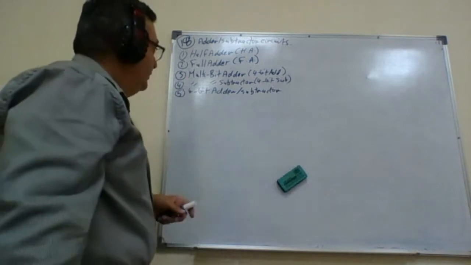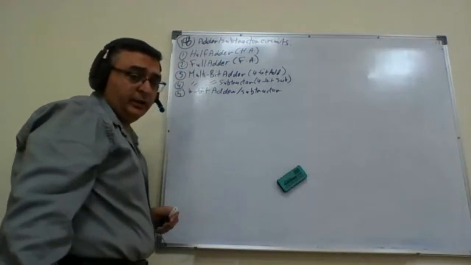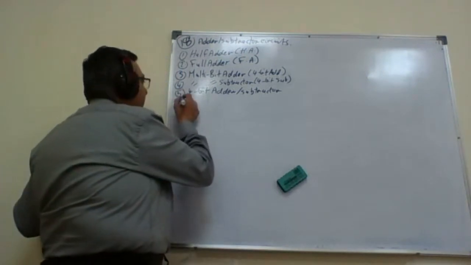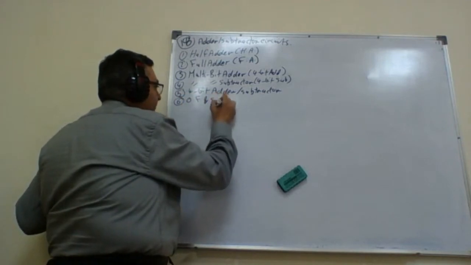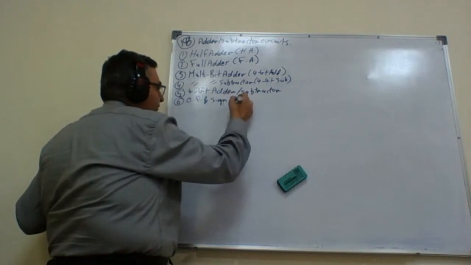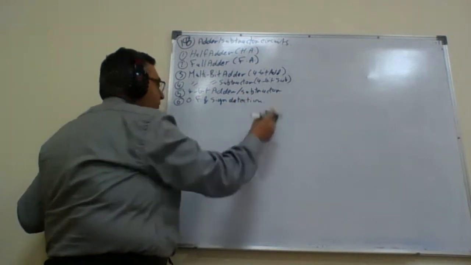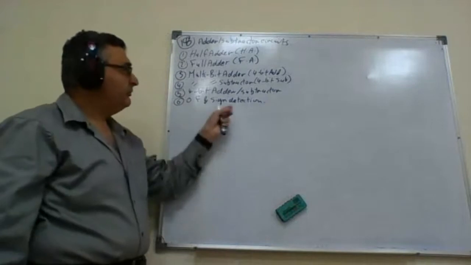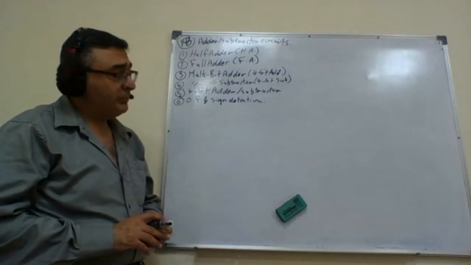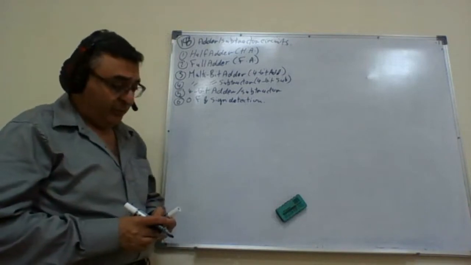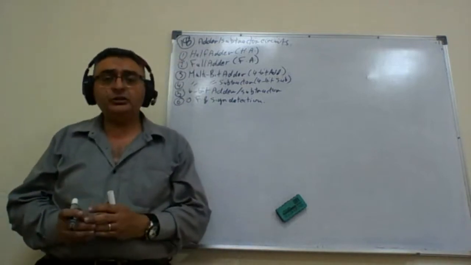We will shed some light also on some concepts for how I can detect the sign and overflow, and sign detection, which we usually give as kind of a training or homework.